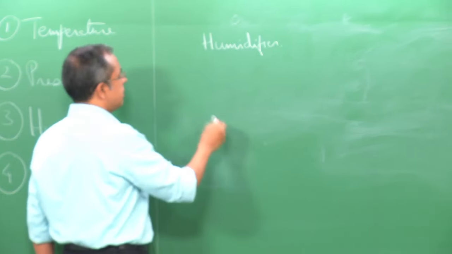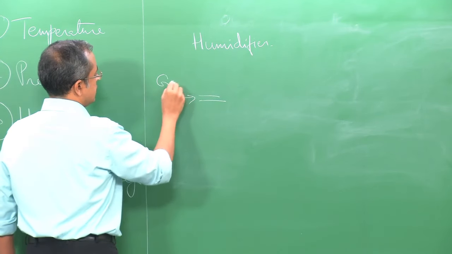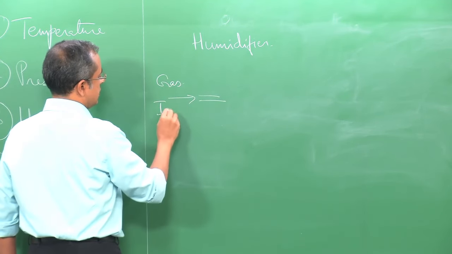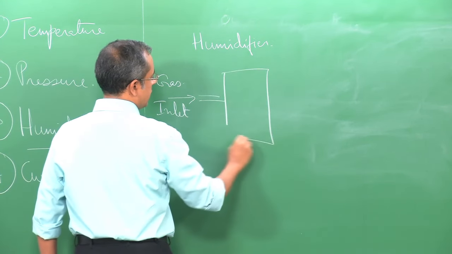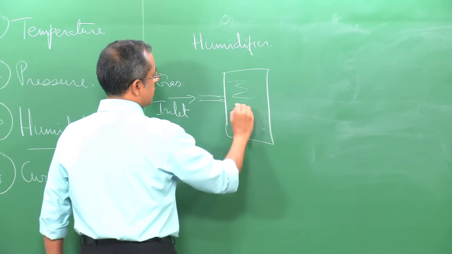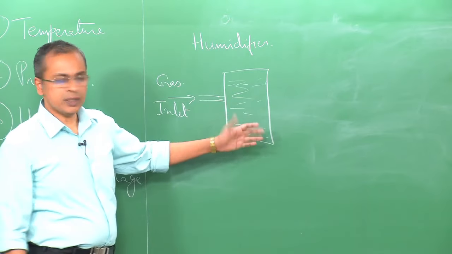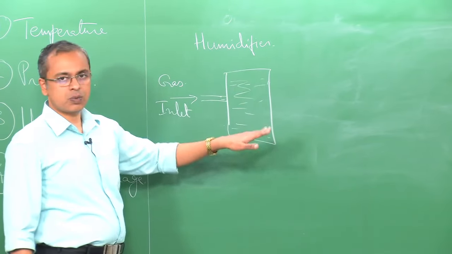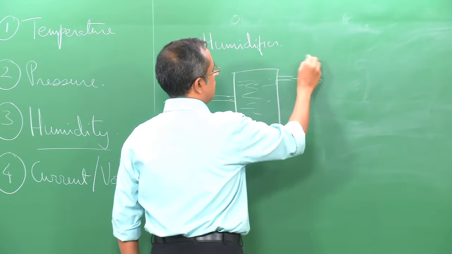So, in principle what will happen is there is a gas inlet, and then there is some system here in which the gas mixes, in this case with water. So, there is water inside here, gas mixes with water, and then there is a gas exit. So, the gas outlet.